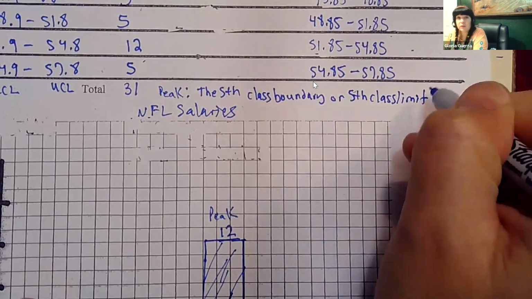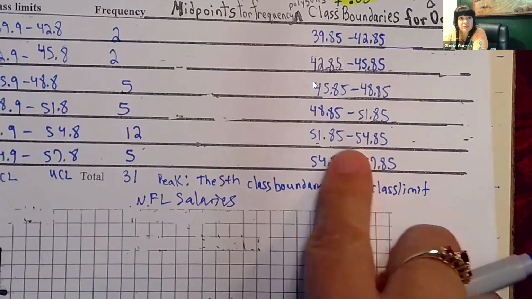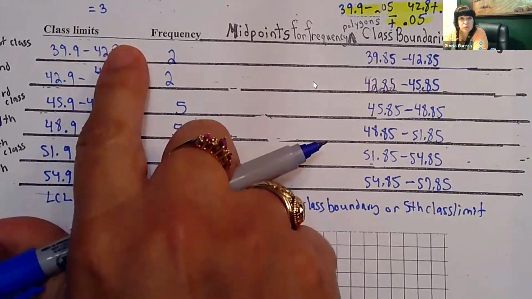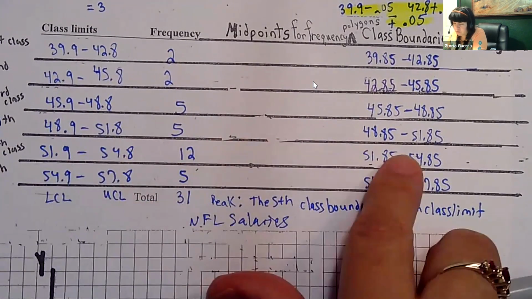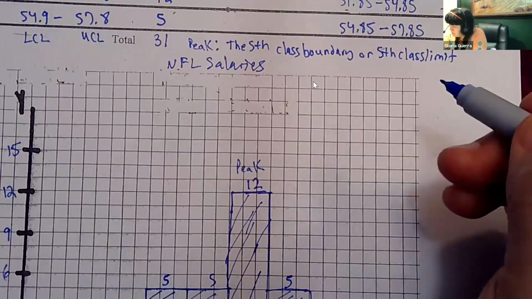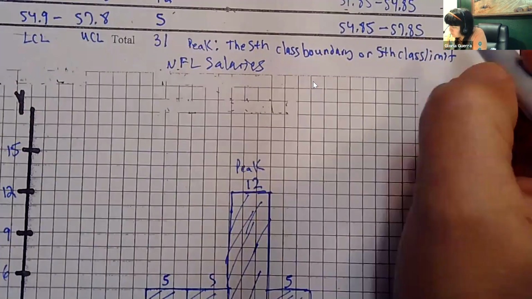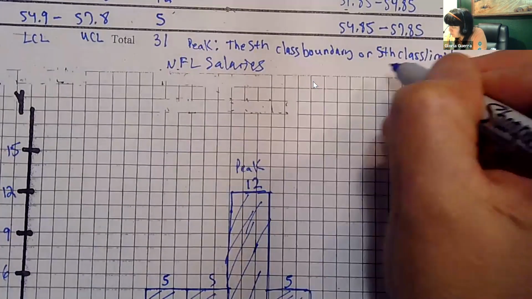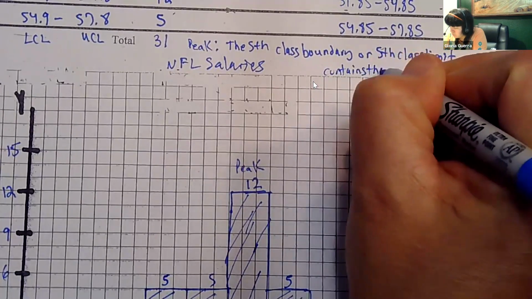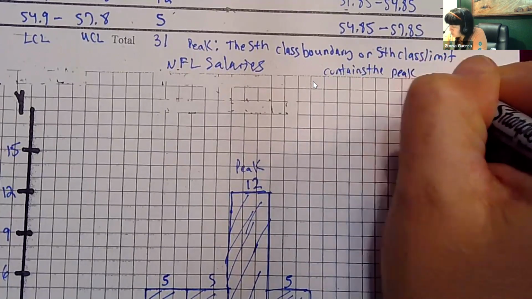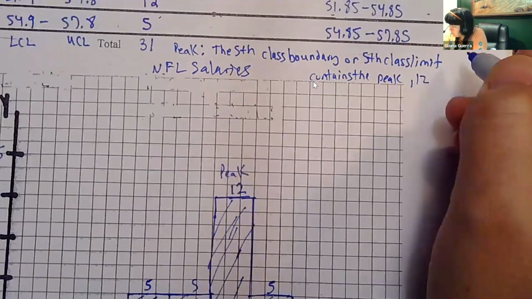So this is the class boundary and then the class limit. So it's the fifth one. 1, 2, 3, 4, 5. So the fifth class limit or the fifth class boundary contains the peak, which was 12 NFL teams.